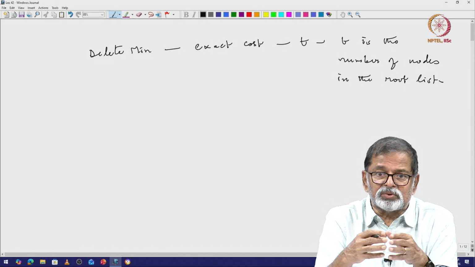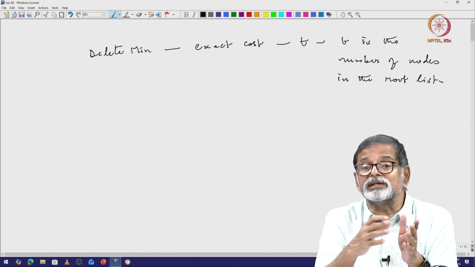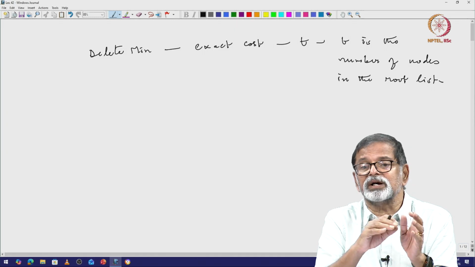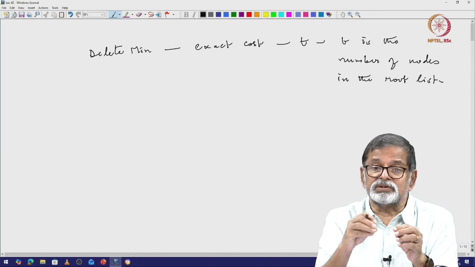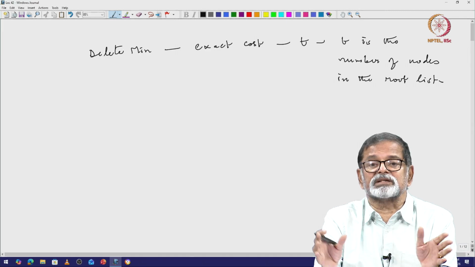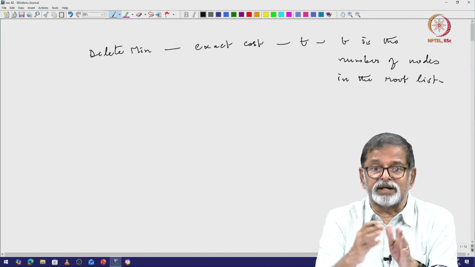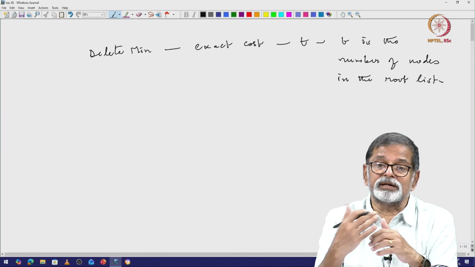So, in the end we are going to have distinct degrees. We are going to have a root list where each root node will have distinct degree, because if there are two trees with same degree, we link them up and create a tree with 1 degree more.